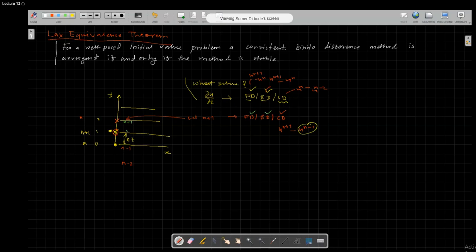You got what I'm trying to say here? Yes, sir. Okay. So the scheme to be used depends upon the point under consideration and the information available below that point. Okay. Now we'll move to this FD and BD.